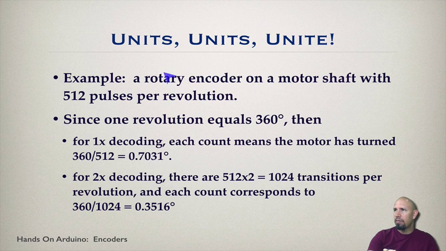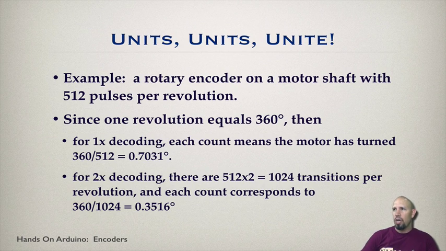Okay, so here's an example. We have a rotary encoder on a motor shaft with 512 pulses per revolution. This particular motor right here actually has that. It's kind of a hefty motor that we got here, and this one has those encoder wires, 512 pulses per revolution.